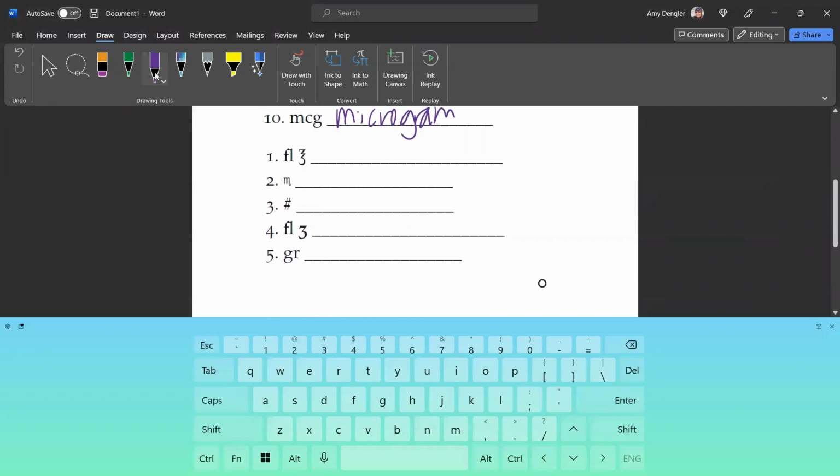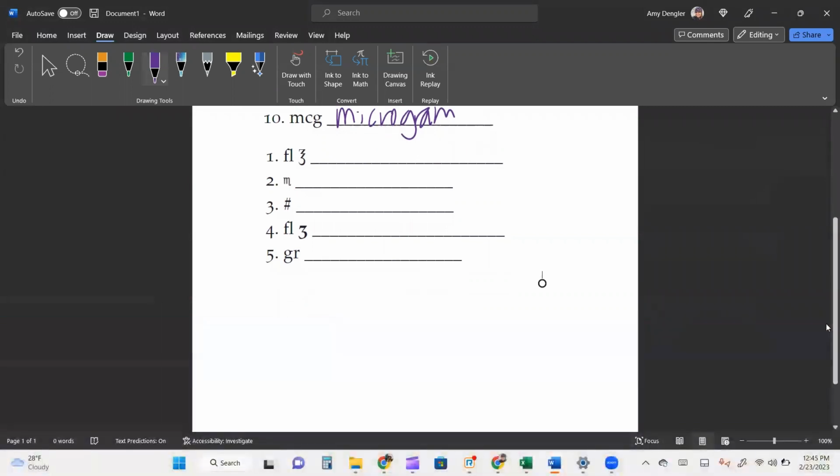For the next part, going over the apothecary system and what these mean. So this first one, this is fluid, for the FLs for fluid. And then this is the ounce symbol. So we'll do fluid ounce.